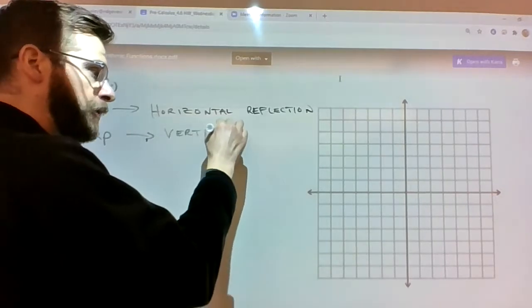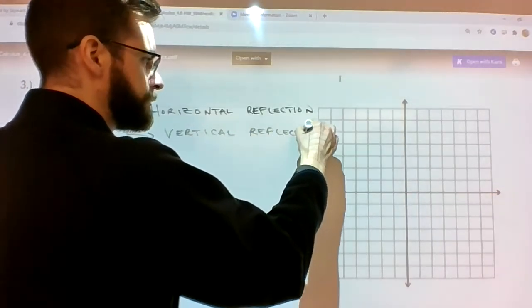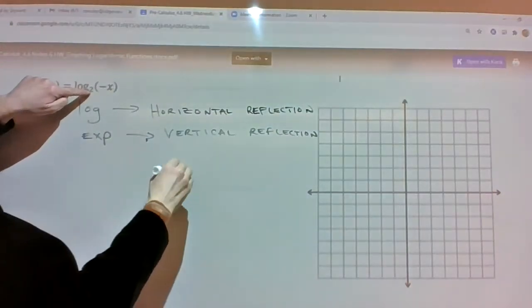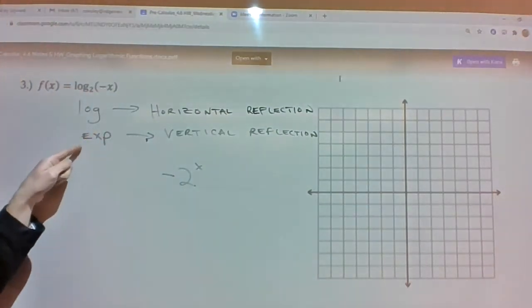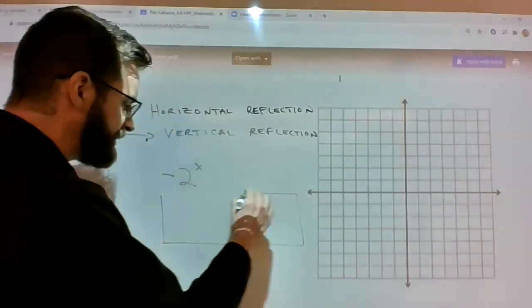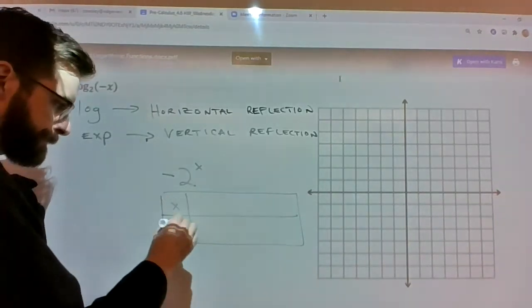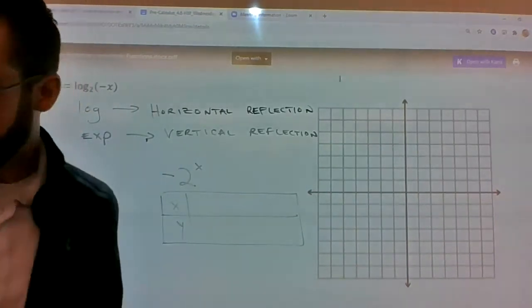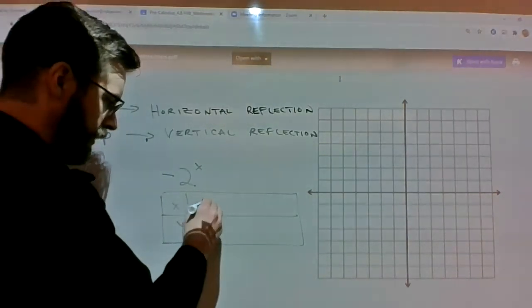What does a vertical reflection look like for an exponential? That looks like the base now has a negative in front of it. So what we're doing is we're saying, what are all the points that would be given for negative 2 to the x power? I believe I'm running out of steam with that. Let's see if we got some more. Oh, nice.